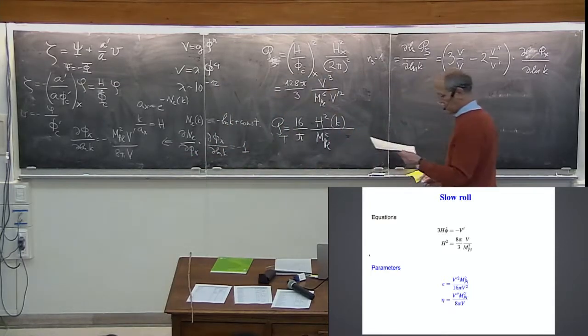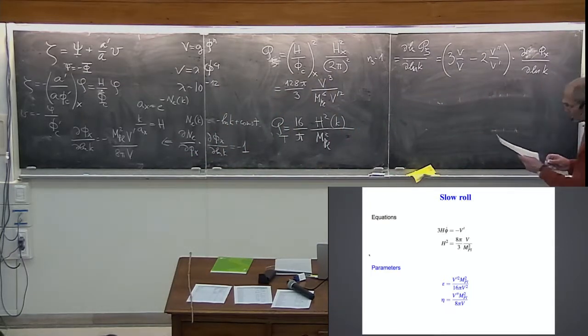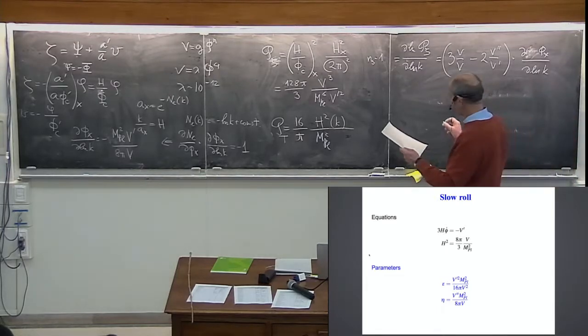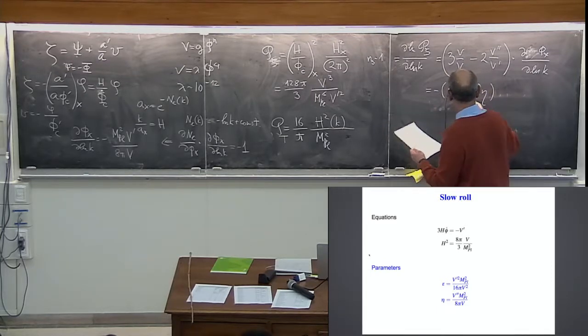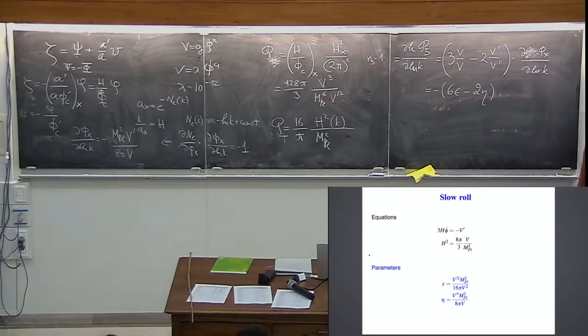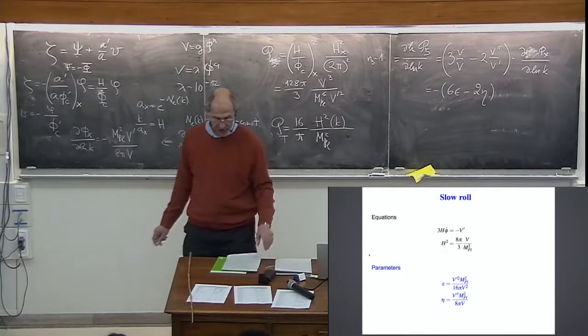So you plug in that expression. You recall our expressions for eta and epsilon, and you get minus 6 epsilon plus 2 eta. You do get a non-trivial tilt, which depends on epsilon and eta, which themselves depend on the shape of the potential.